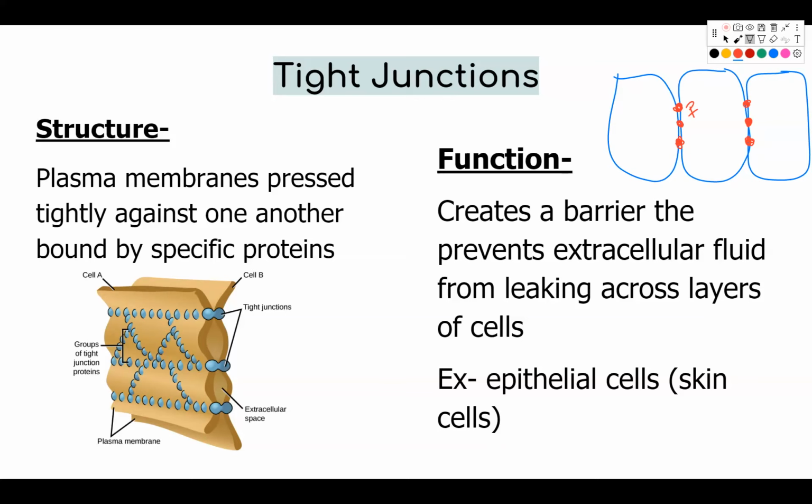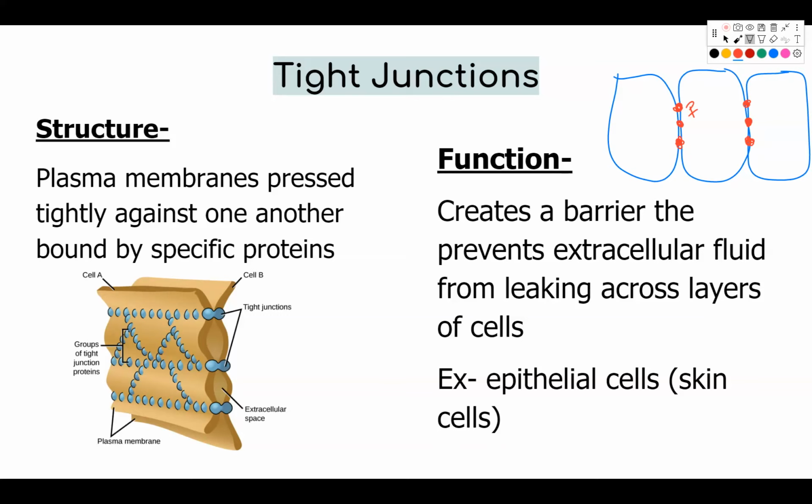The cells in our skin are divided up into a lot of different layers, and those layers have different types of cells that are going to be held very, very tightly to one another, because we want to make sure our insides stay in and our outsides stay out, right? So holding those cells really, really tightly together is super important. So epithelial or skin cells is a big example of where these show up, but they're actually kind of everywhere.